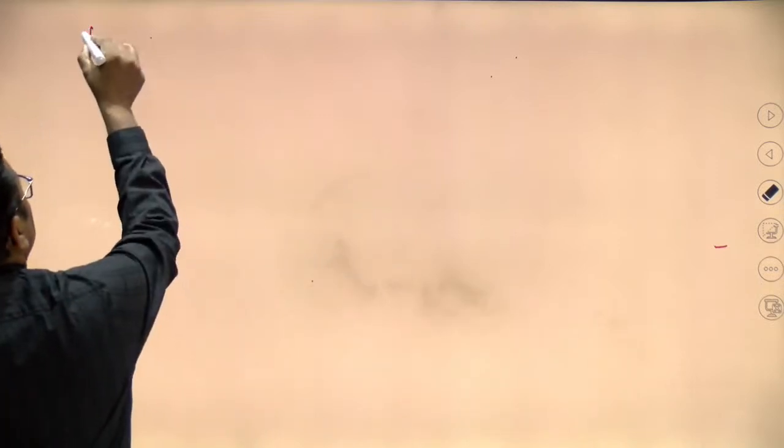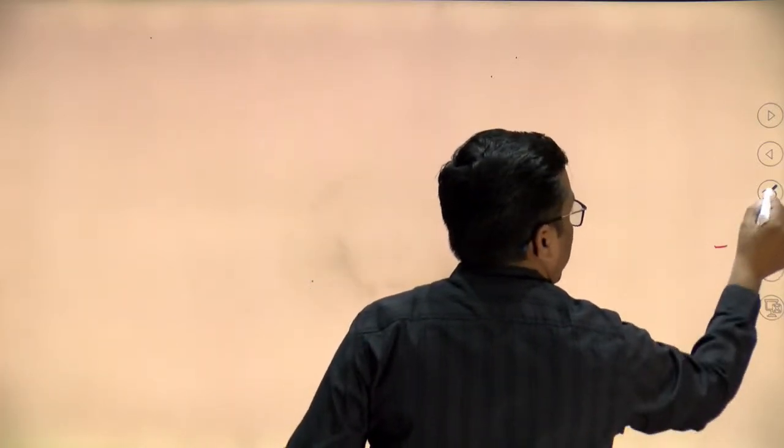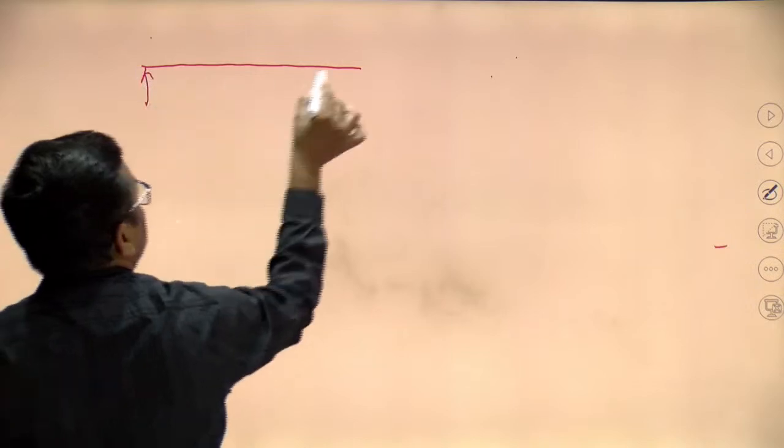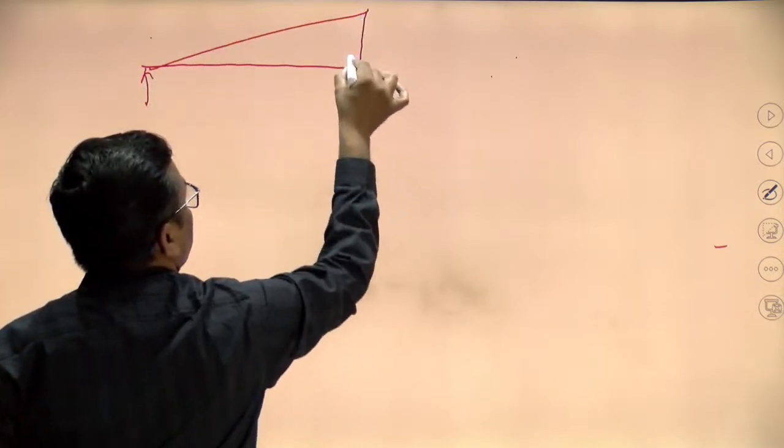Okay. The third case. The third one is, sorry, let me take the pen and color this. The beam is subjected to UVL.